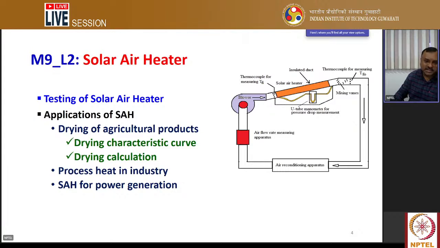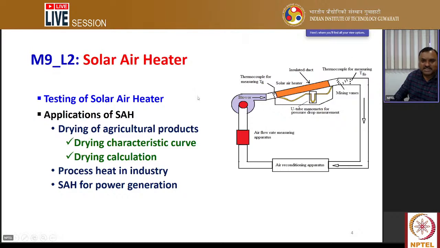We have studied the drying characteristic curve, drying calculation, and then process heat in industries, what the requirements are, and how this kind of device can be suggested for process industries. At the end, how these systems can be applied for power generation was elaborated.